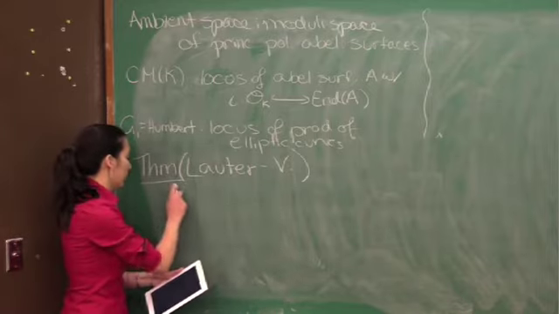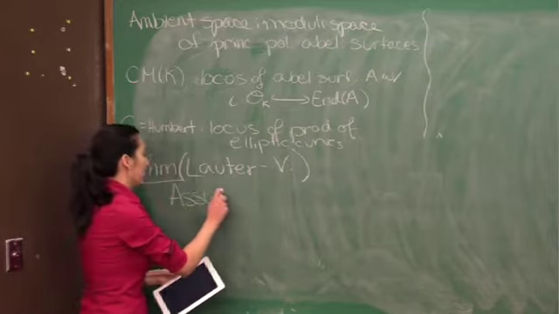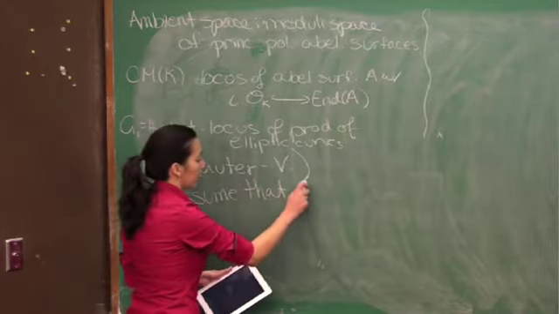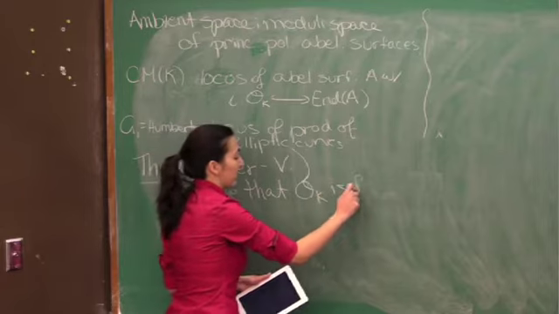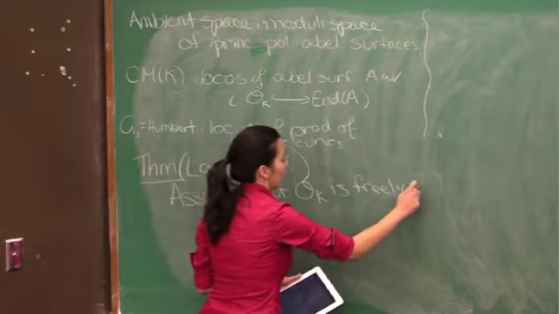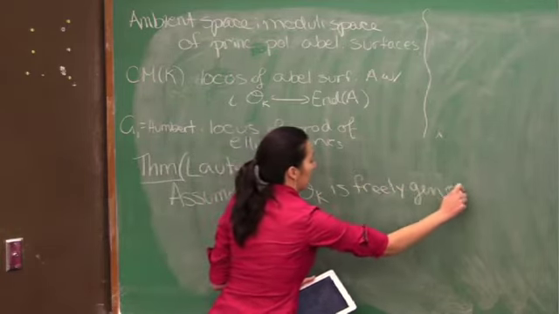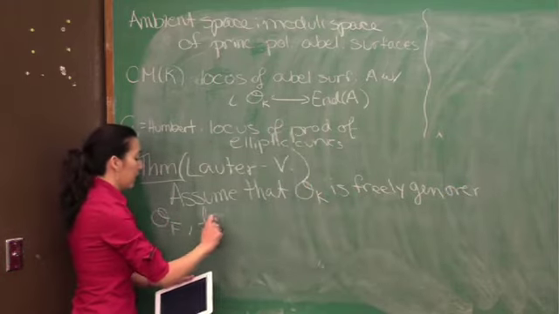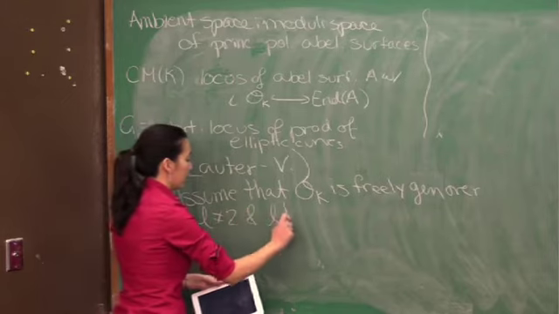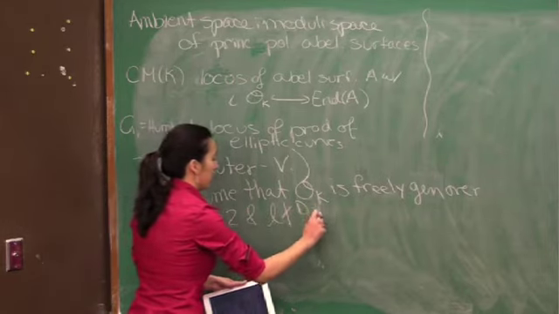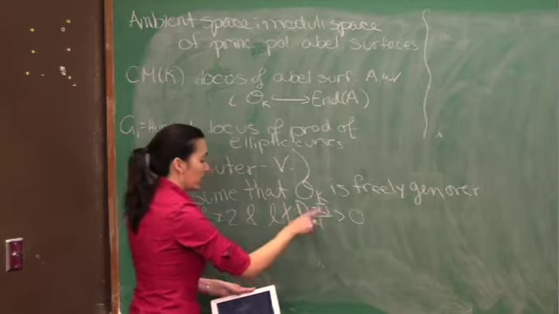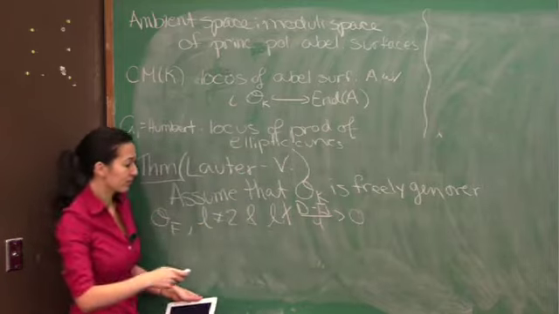Okay, so we have some assumptions. I can't get away with nothing. So we assume that OK is freely generated over OF. L is not 2, and L does not divide d minus a square over 4 for any positive integer of this form.